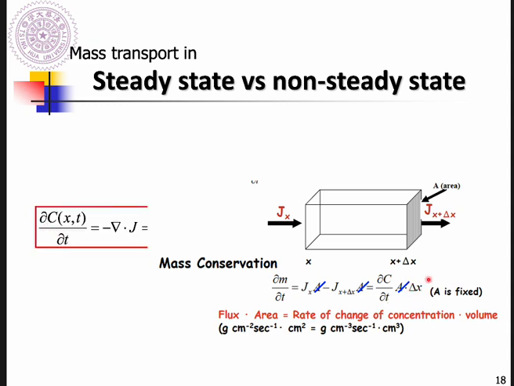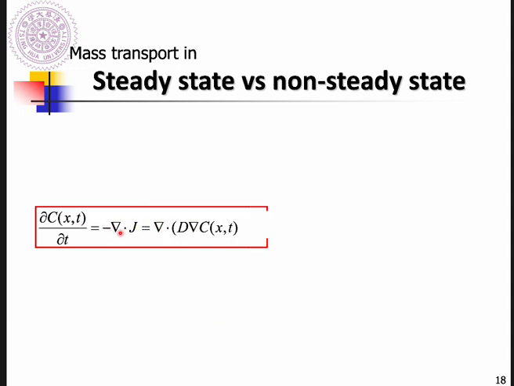And I take the delta X to the right-hand side, which means divided by delta X. The flux divided by delta X is a gradient. So we have the minus flux gradient.